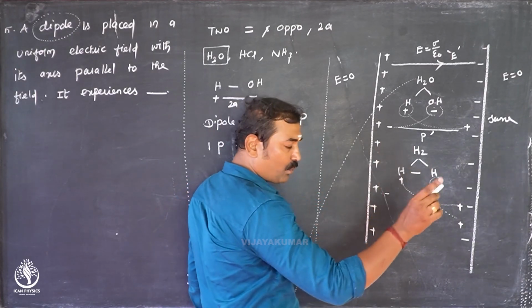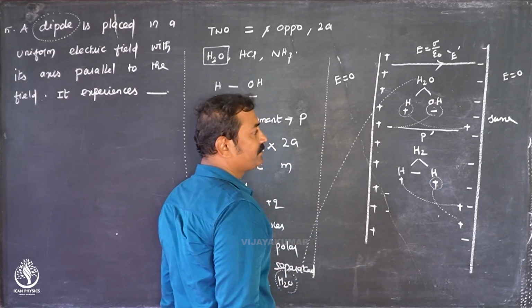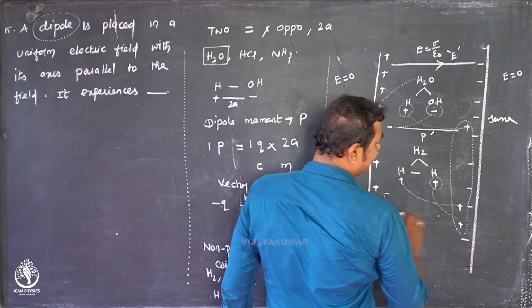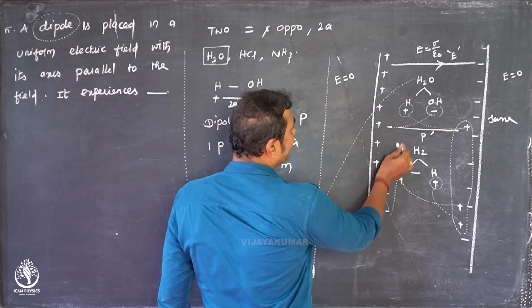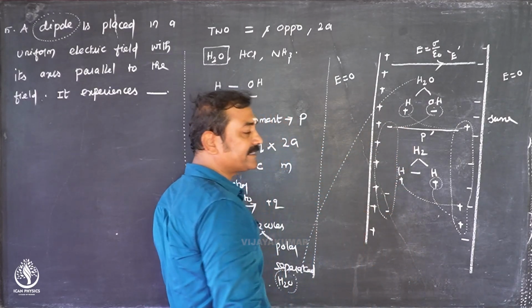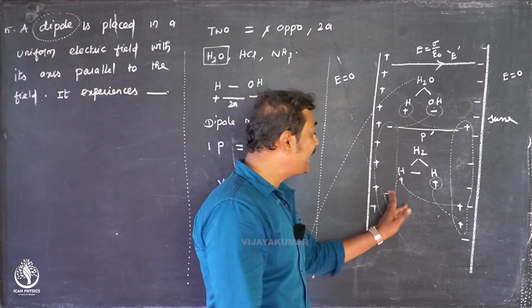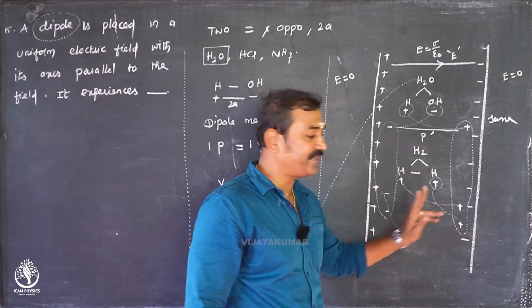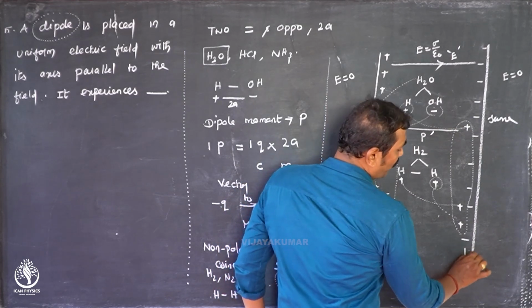So in general, all the positive charges are aligned on the same side and all the negative charges are aligned on the same side. The alignment of charges in the external electric field is called polarization.